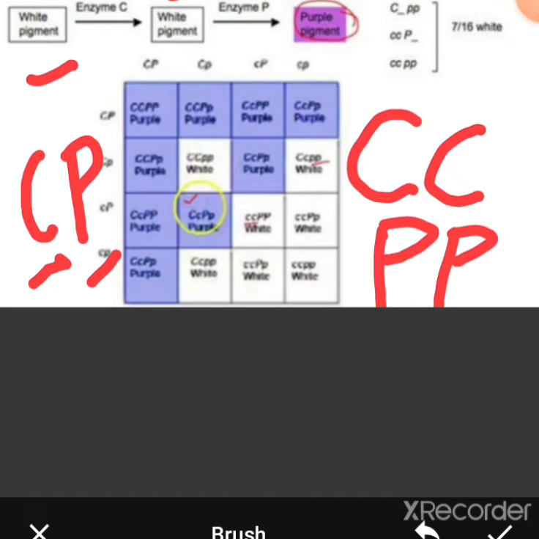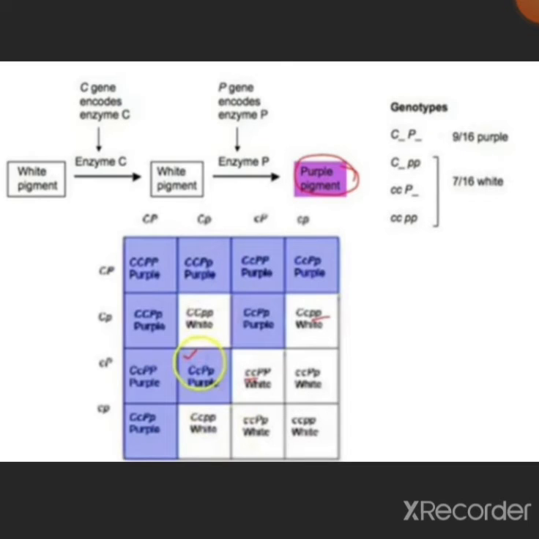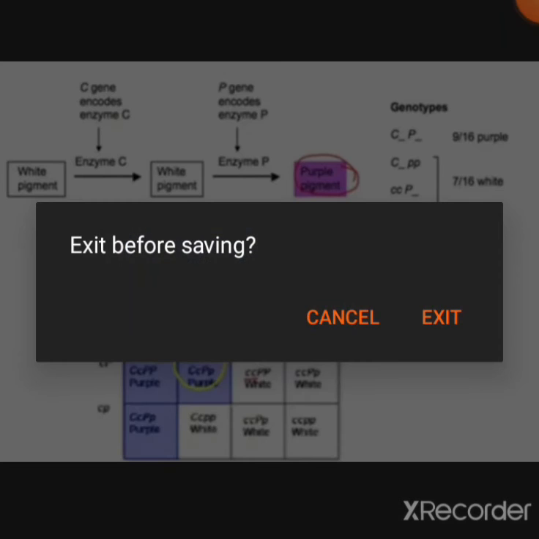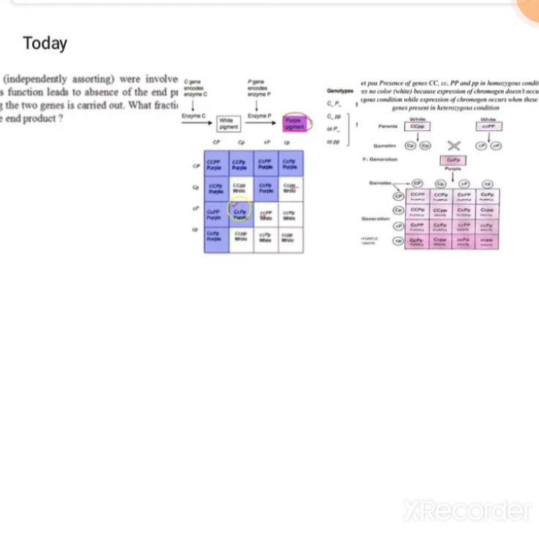Okay, and the rest 7 will be white in color, which consists of only one dominant allele or two dominant alleles but of the same type, that means CC or PP. Okay, so this is the case. So this is the Punnett square.